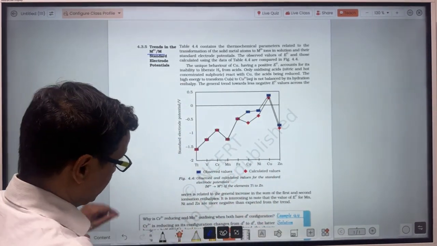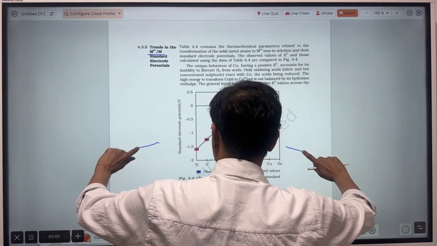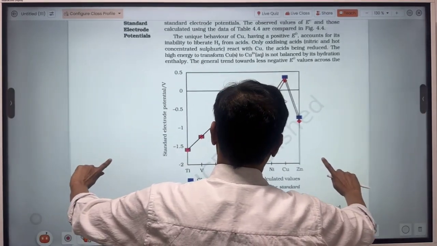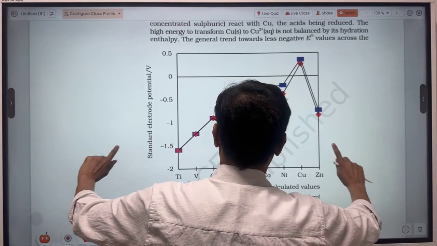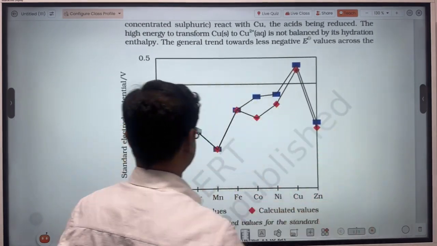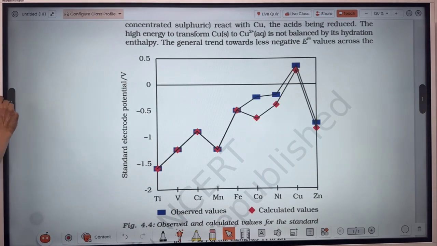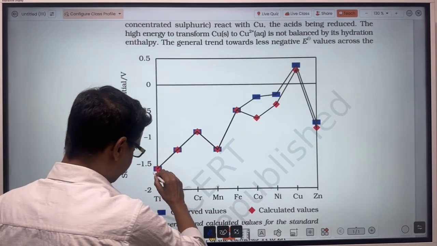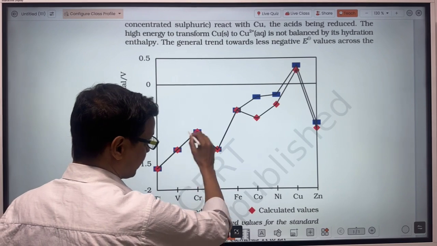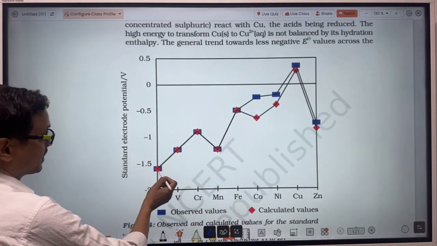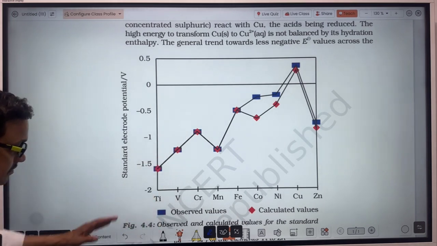So let's see, I am zooming this graph here, and then you watch carefully. Generally, as you are observing, as we move across the period, the standard electrode potential is getting less negative.